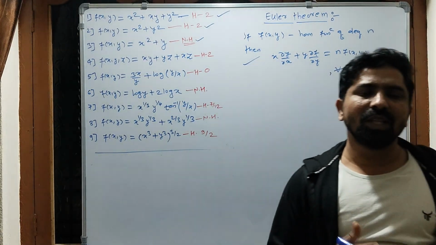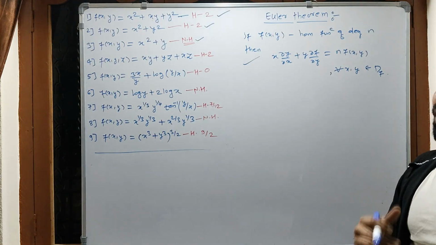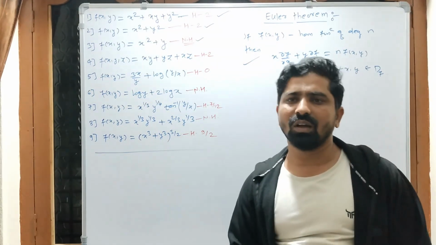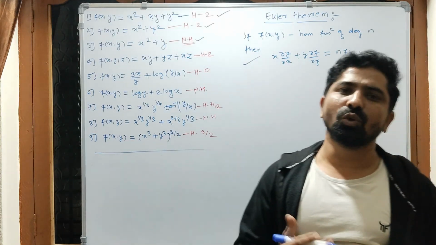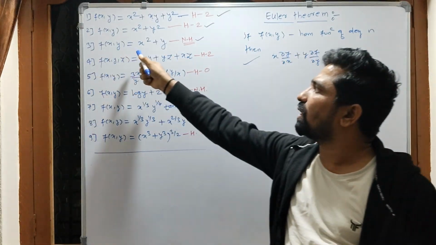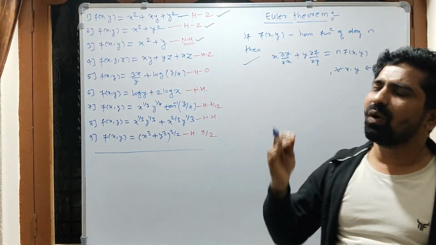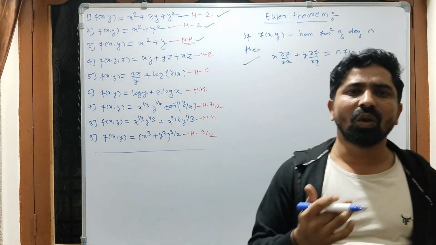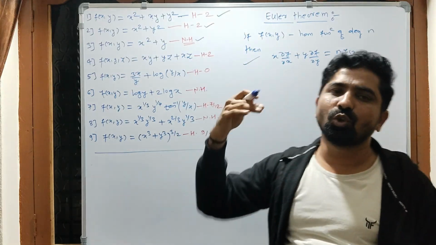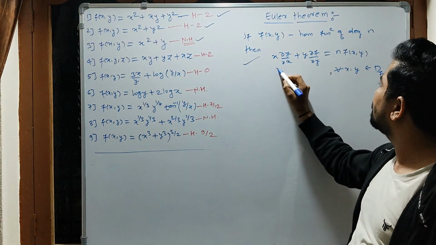Sometimes in the exam they will ask to verify the Euler theorem for a particular function. First we have to check whether the given function is homogeneous or not. For example, if they ask a third example, f of x, y equals x squared plus y, this is a non-homogeneous function, so you can say that for this function Euler theorem is not applicable. If the given function is homogeneous of any degree, then check whether this condition is satisfied or not.